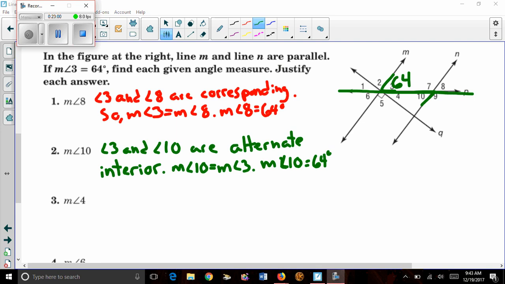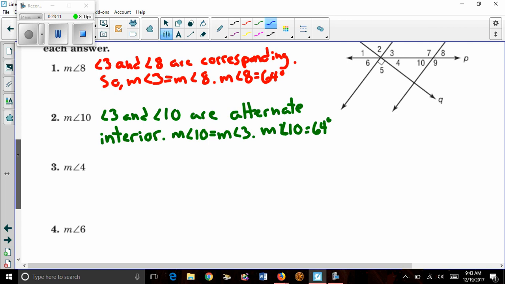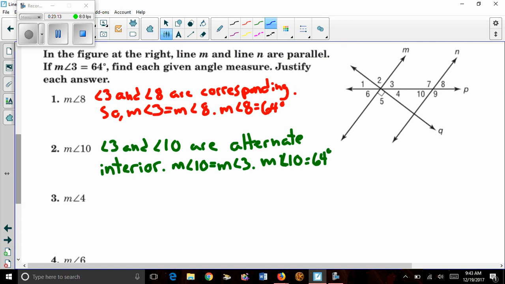As we continue with the next two examples, there are two more definitions I need to make sure you know. We're going to talk about what's called a supplementary pair of angles and what are vertical angles. Let's use number 3 as an example. In number 3, we're going to have to skip around a little bit.